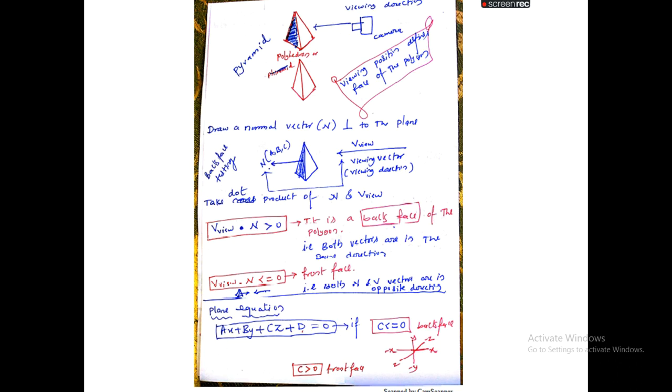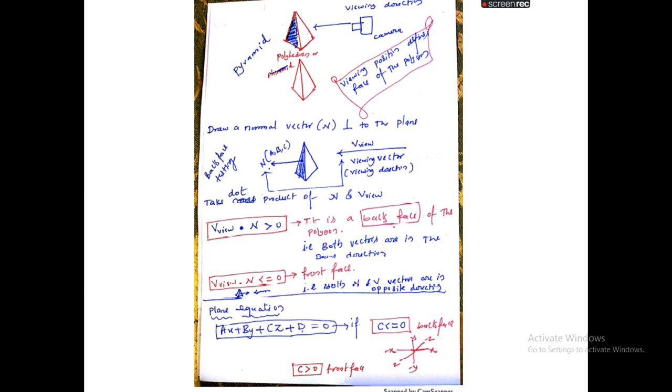Then how the Z buffer algorithm works: the Z buffer algorithm will use the Z axis values, that is, our viewing direction is nothing but the z-axis value. In the depth buffer algorithm, we need to calculate the distance between the view plane and those surfaces.